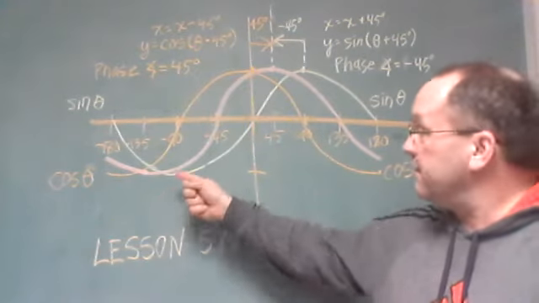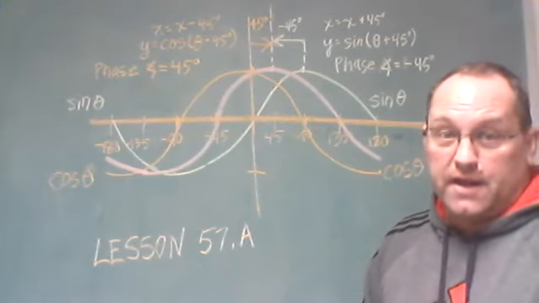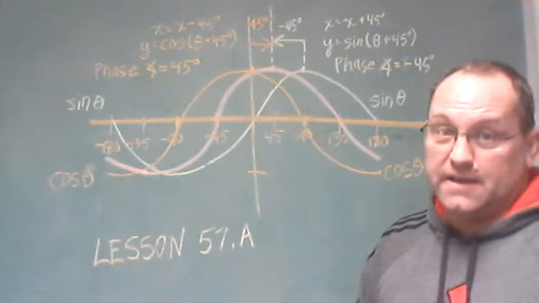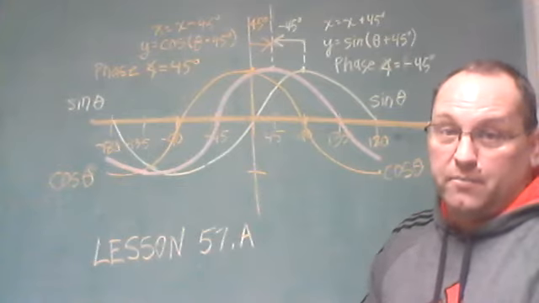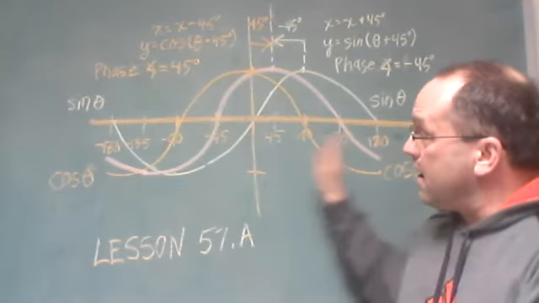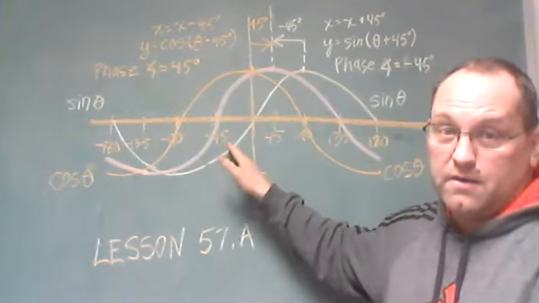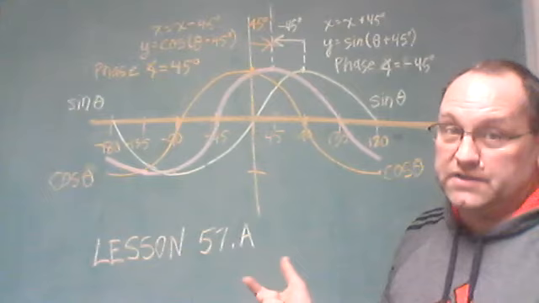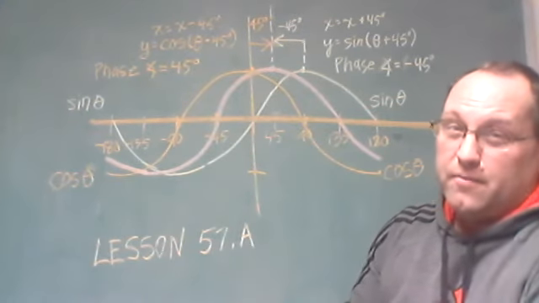A shifted curve can be expressed as a shifted negative cosine or a negative sine, because those curves have the exact same shape. They just start at different points along what would normally be our x coordinate system, or what we have graphed for angles. So just real simple, more of a simple explanation, I think, than the book.